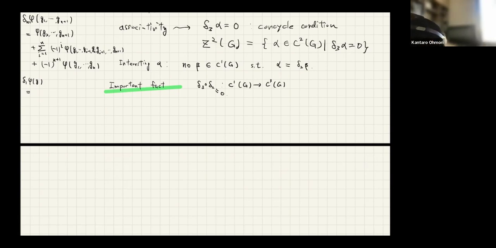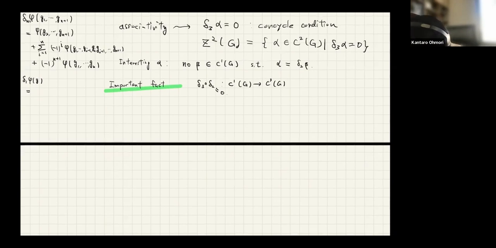So I think it's minus phi, one cochain, independent of the group element.